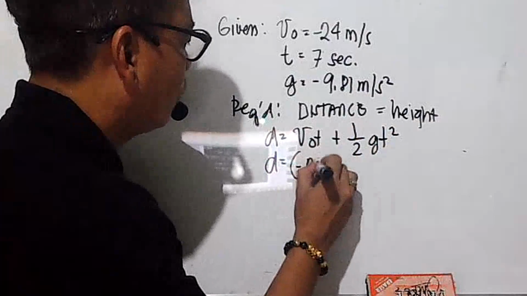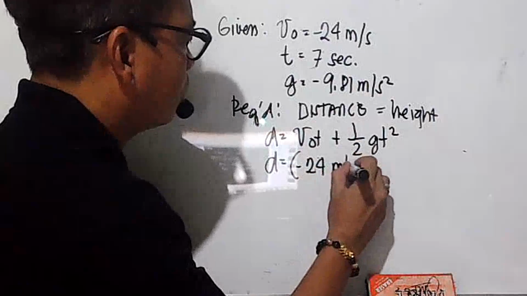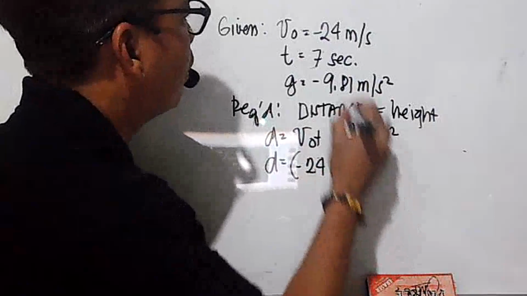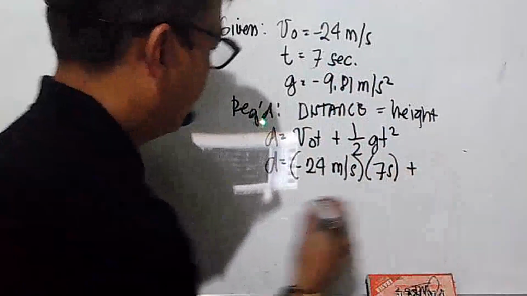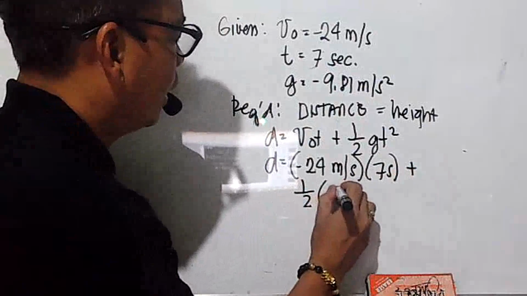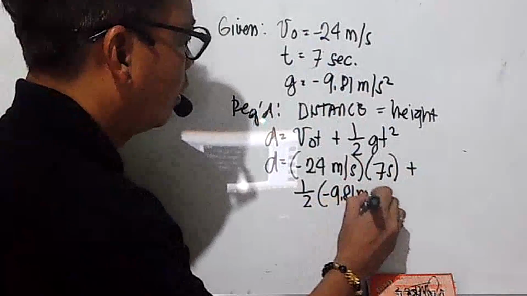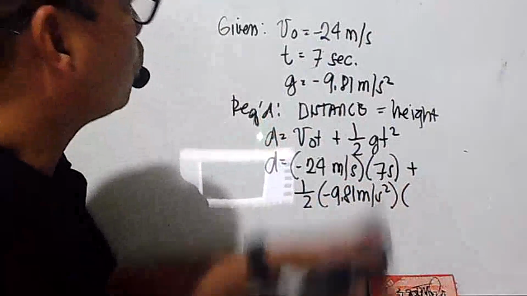So this is negative 24 meters per second multiplied by your time, 7 seconds, plus 1/2 times your g, which is negative 9.81 meters per second squared, multiplied by your time squared.